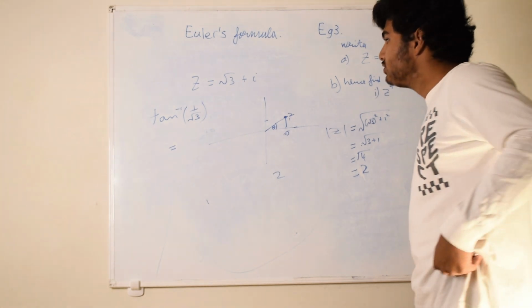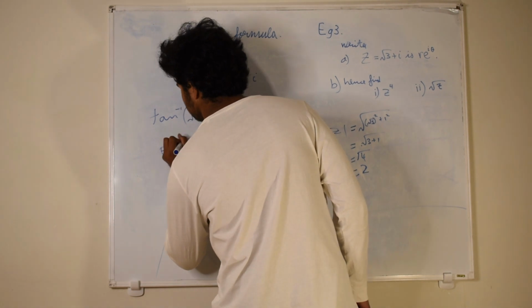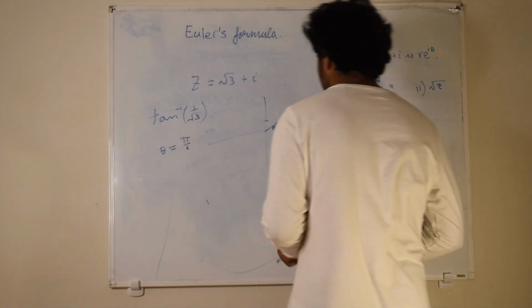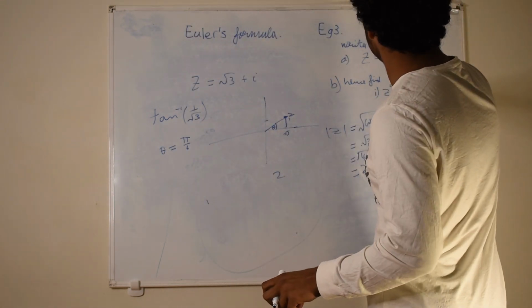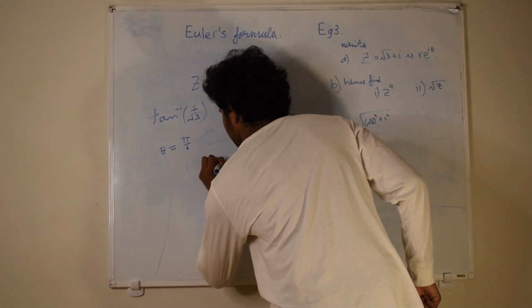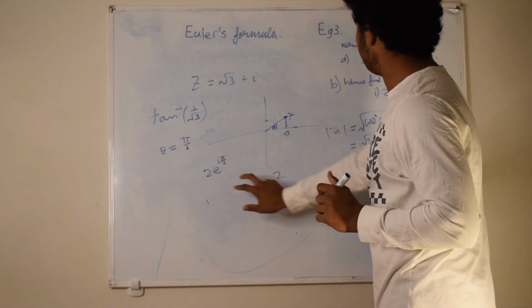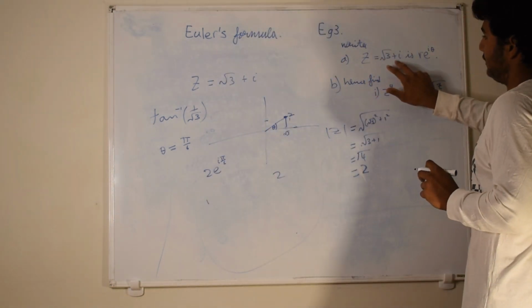They usually like it in radians, so 30 degrees is pi on 6. So theta then equals pi upon 6. So your final answer for A, writing in exponential form, would be 2 e to the i pi on 6. So that's your final answer for this example right here, A.